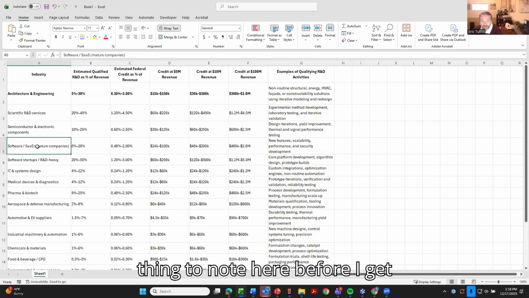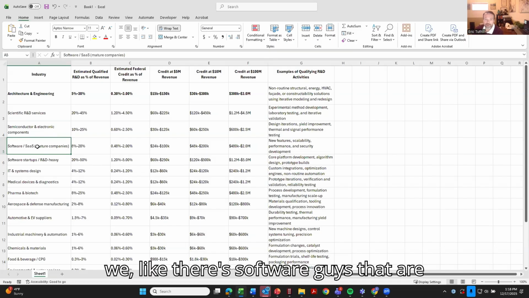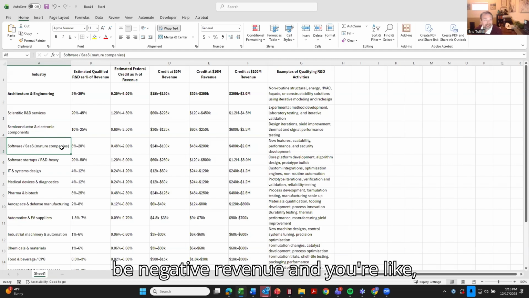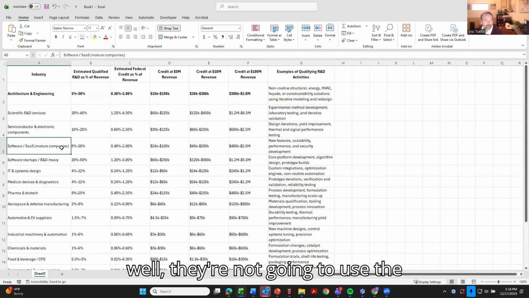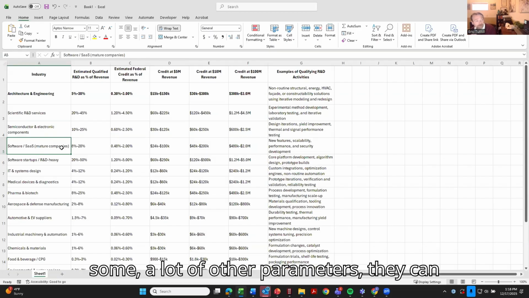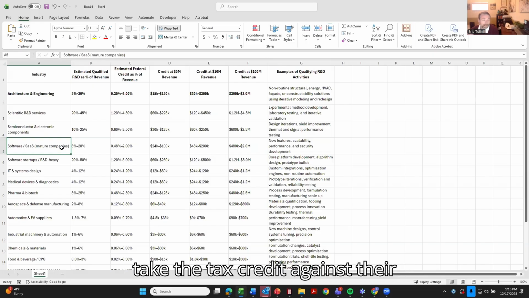One thing to note here before I get too far into it is that there are software guys out there, and a lot of the time they will have negative revenue, and you're like, well, they're not going to use the credit. Well, if they're within a 5-year time period and they meet a lot of other parameters, they can take the tax credit against their FICA taxes. It's one of the cool things that you can do.